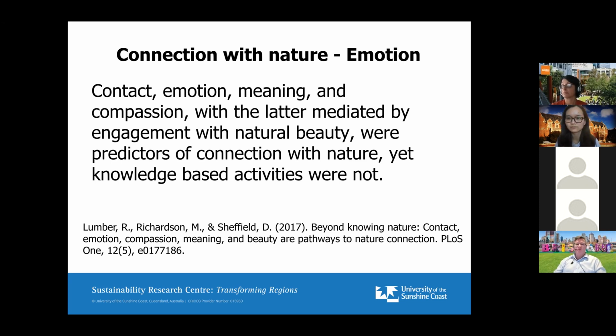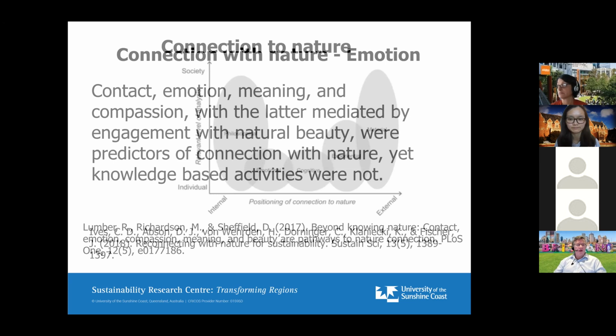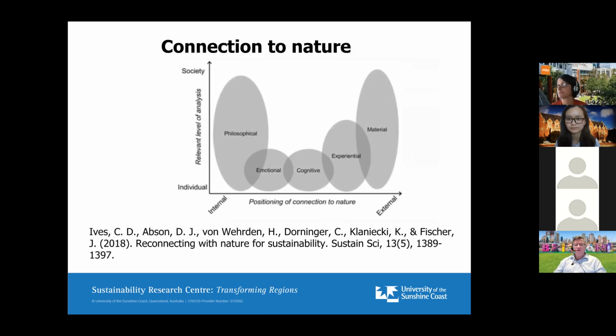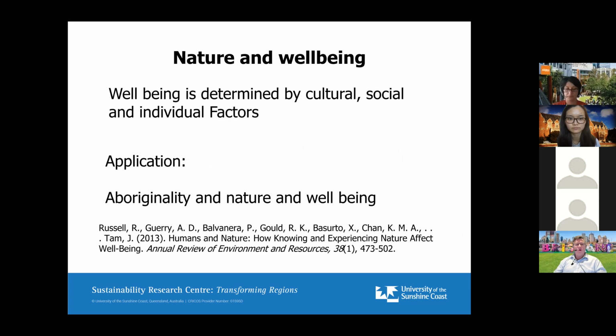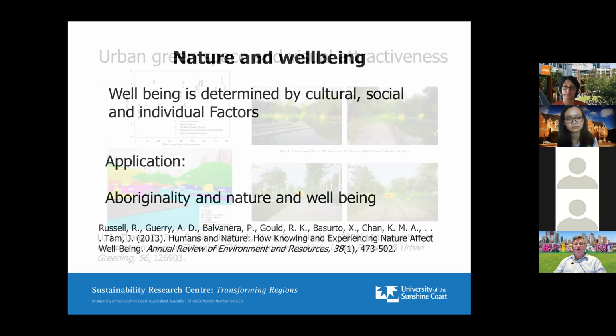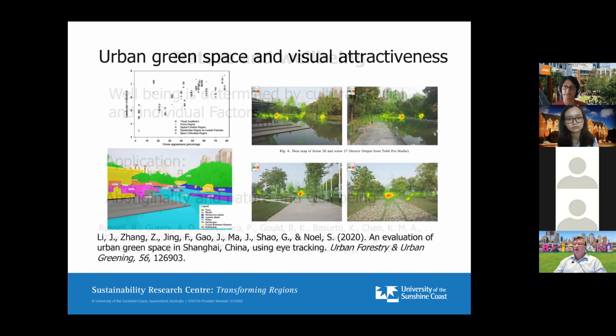We can talk about that. There are many different ways that you can think about connection to nature. Again, I won't go into it. Nature and well-being. Why do we feel better in nature? Well, there are some theories about that. Why do we try to bring nature into our cities? Well, some interesting theories about that.